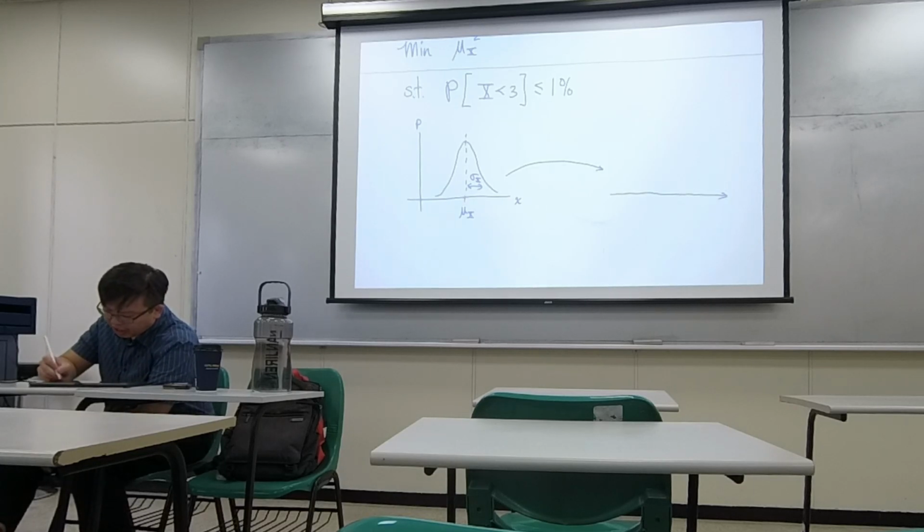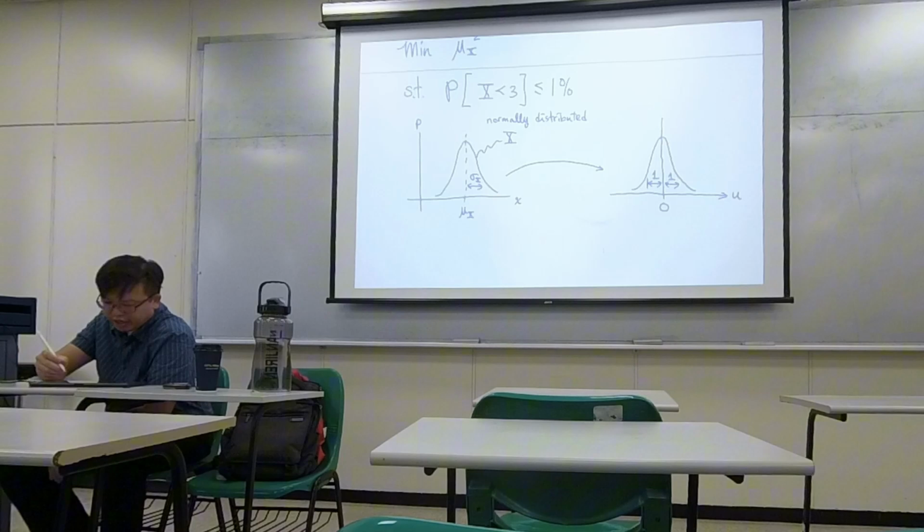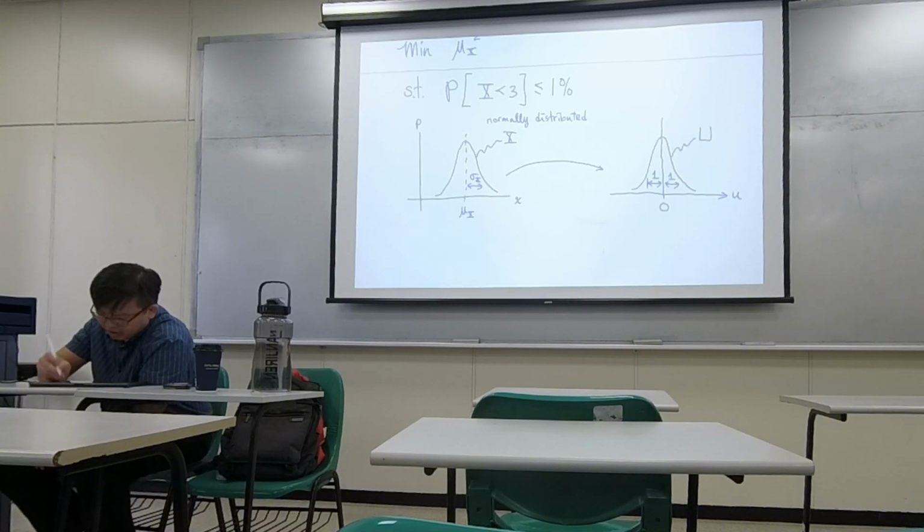This space has a small case u, and right here it's going to look like this, and the standard deviation is 1. The mean value is 0. So this guy is called the normally distributed x. But after the transformation, it becomes a capitalized U. It's a standard normal distribution.